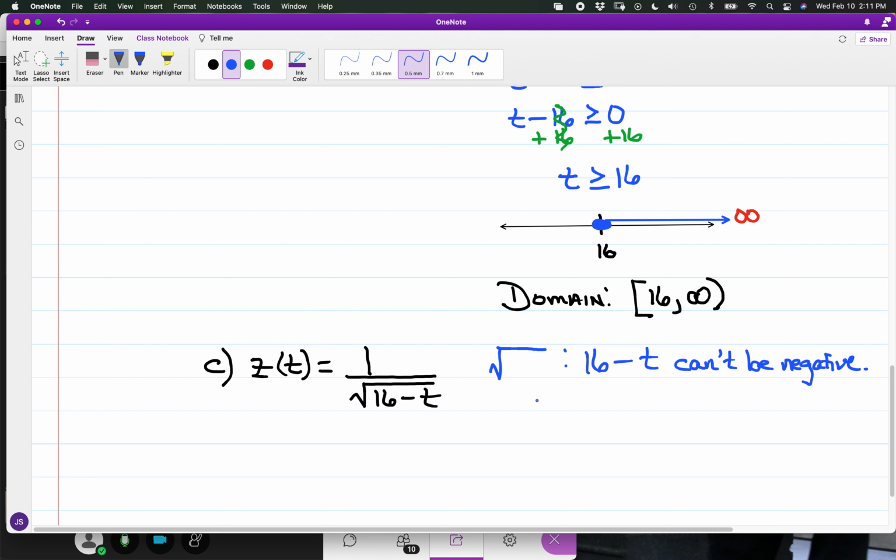And because we have 16 minus t in the denominator, the bottom part of a fraction cannot be 0. So not only is it that 16 minus t cannot be negative, it's also that 16 minus t cannot be 0.